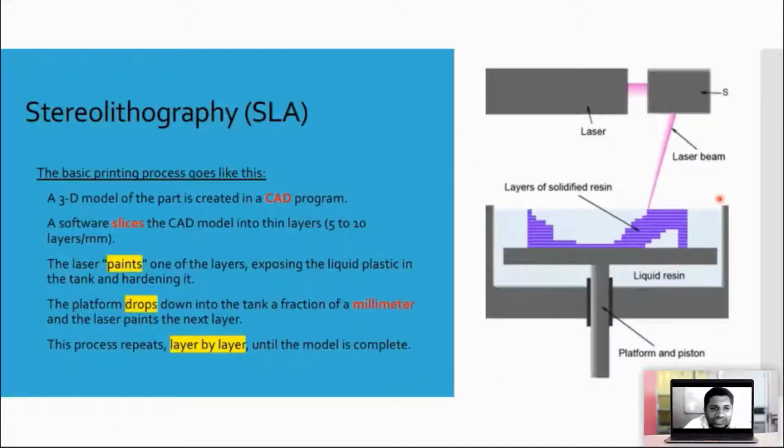The process involves first designing my part in 3D. Then the software creates an STL file and produces slices, around 5 to 10 layers per millimeter. Then the laser paints one layer, exposing the liquid plastic in the tank and hardening it.